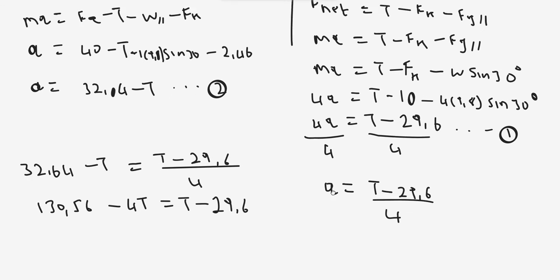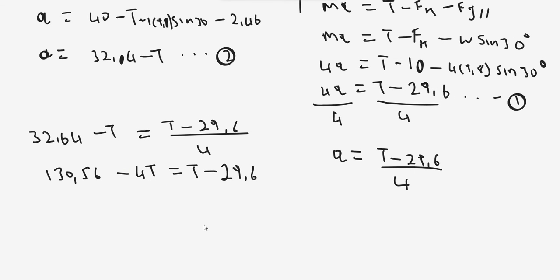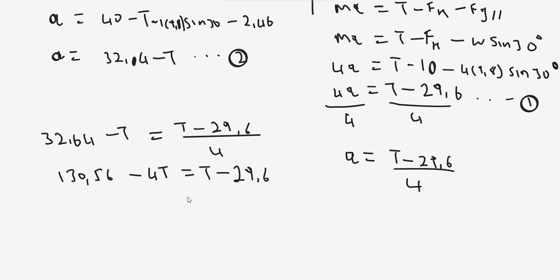We're still solving for T. Let's transpose this T to the other side, and then we're going to have, on our right hand side, T plus 4T, and on this side it will be 130.56 plus 29.6.